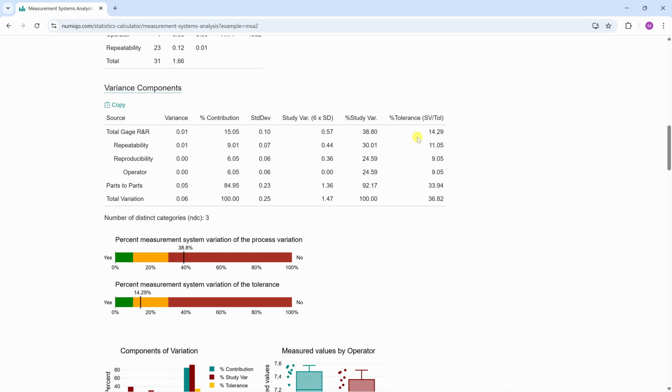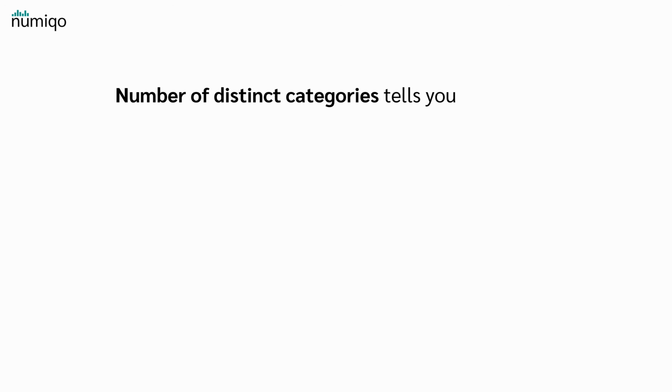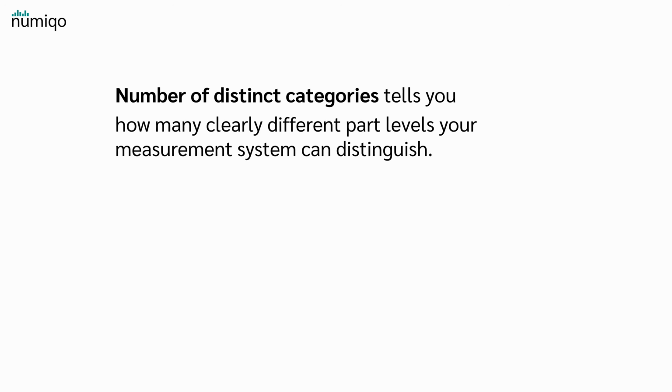And now one last important question. What are number of distinct categories, short NDC? Number of distinct categories tells you how many clearly different part levels your measurement system can distinguish. A simple way to think about it. NDC 1 to 2, the gauge can barely distinguish parts.